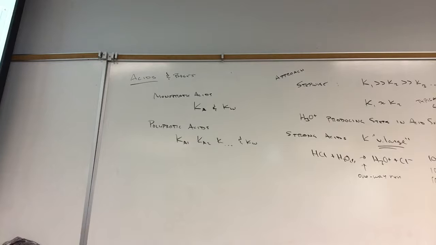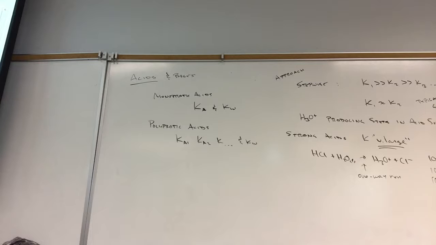And so this is going to result in roughly 0.1% hydrolysis. But our book uses the term ionization, so I'm going to use that same thing. It's about 0.1% reacted or 0.1% ionized, so 0.1% ionization.